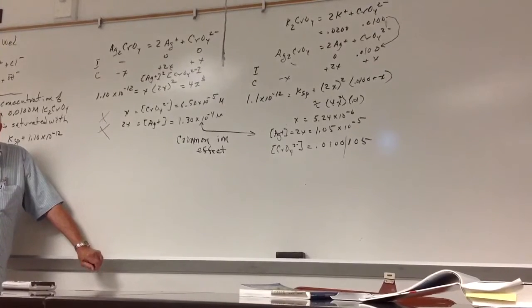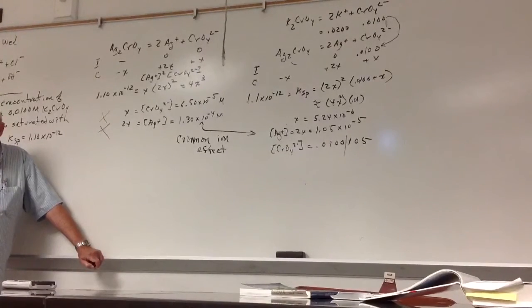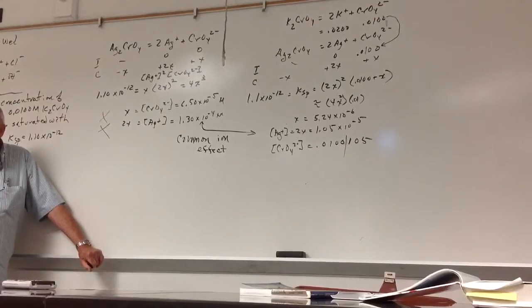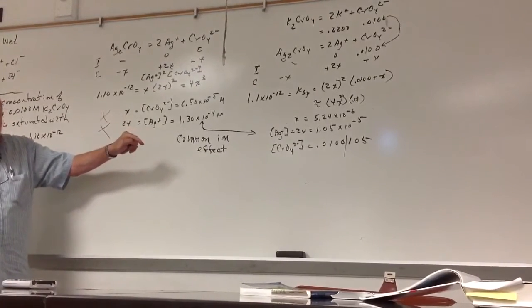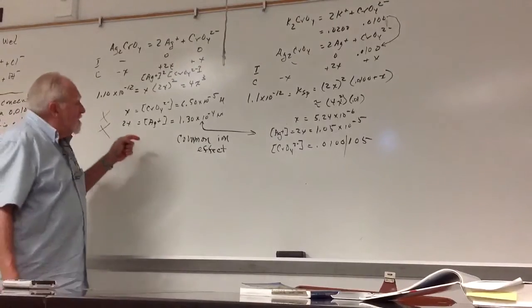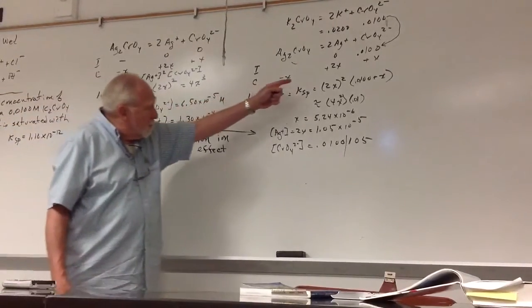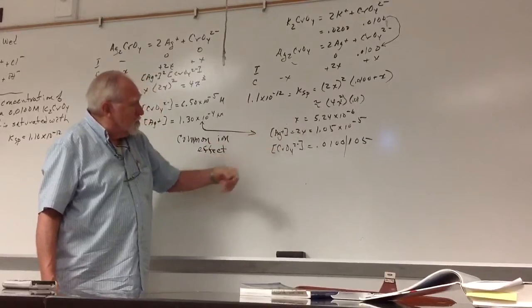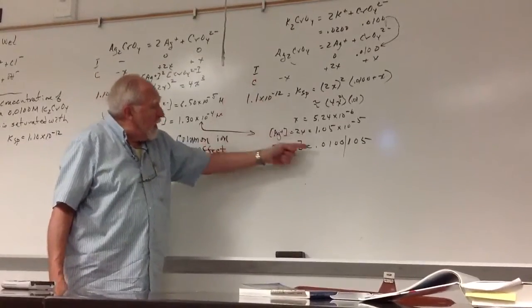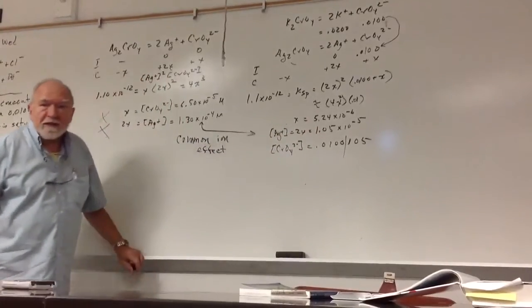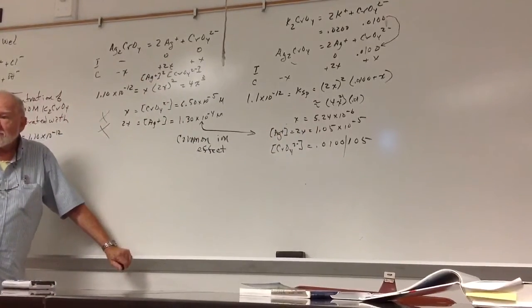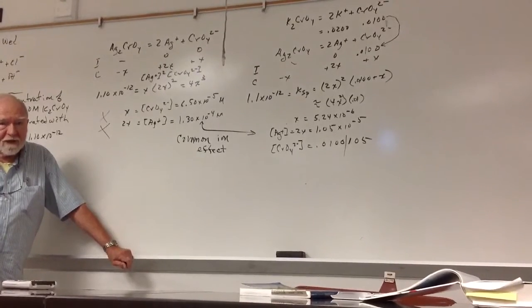Where do we do this all the time? In the lab. Whenever you check for completeness of precipitation, you're always adding an extra drop of the precipitating reagent. If you're trying to precipitate silver by using chromate, for instance, and you added the extra drop, you now reduce the amount of silver that's remaining in solution by even more. That's the common ion effect.